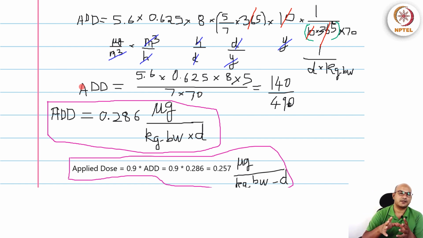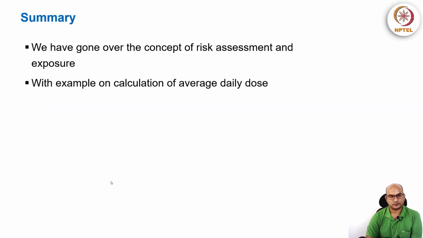From that concentration we obtained our potential daily dose and the average daily dose itself. So as an example, we have gone over the concept of risk assessment and exposure, and we have done the example of calculation of the average daily dose.